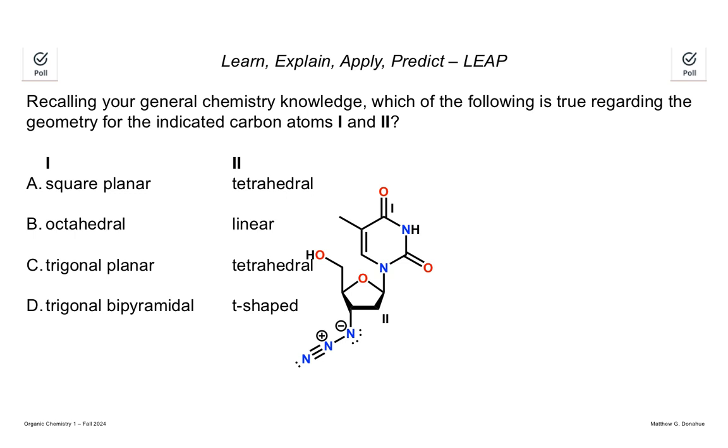But if we look at this question with Roman numeral 1 and 2 at the specific carbon atoms, what do you think the shapes of those carbon atoms are based on the bonding patterns shown?